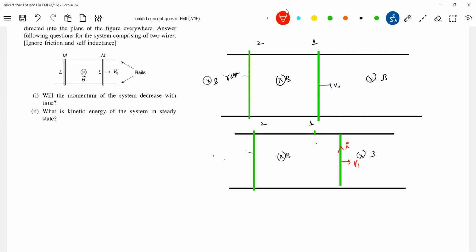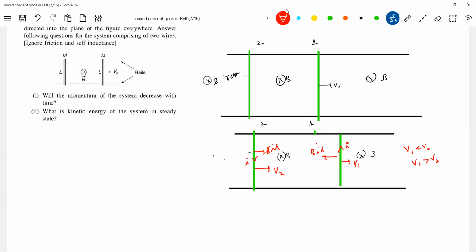The induced current I is flowing on this rod, and because current I flows with B bar into the plane, it will experience a force. How much force? BIL. Then this will acquire a velocity V2. So initially V1 will be greater than V2.